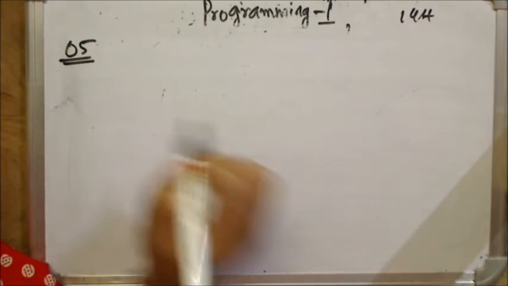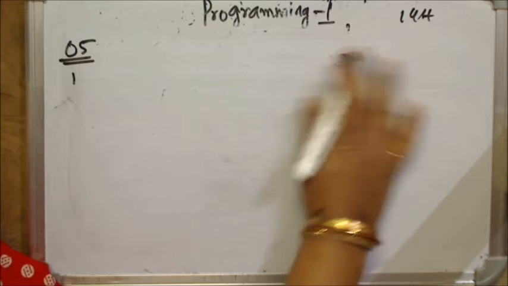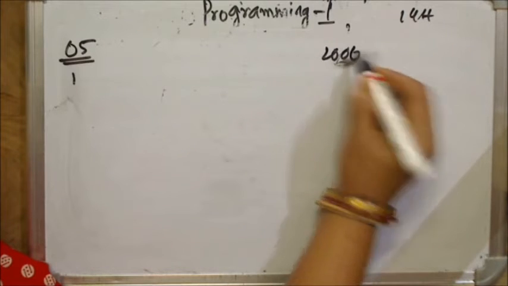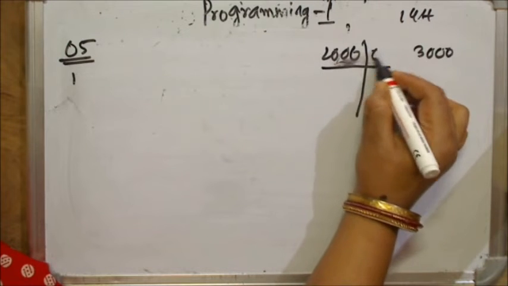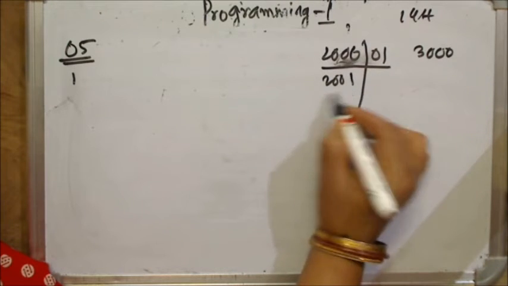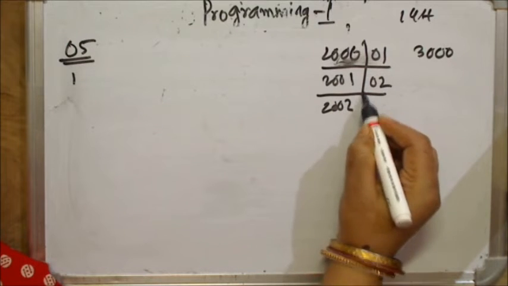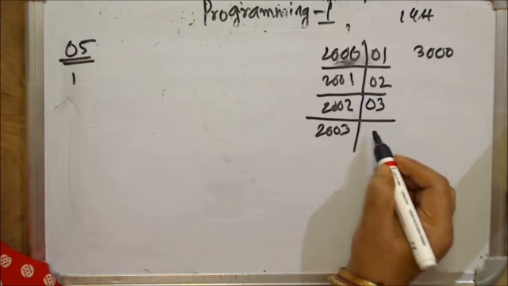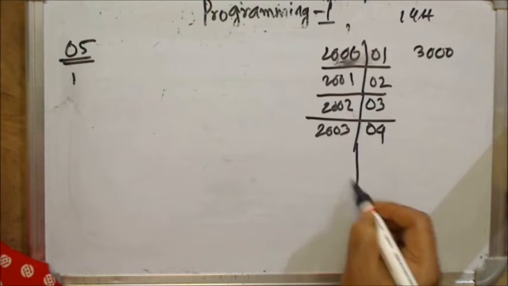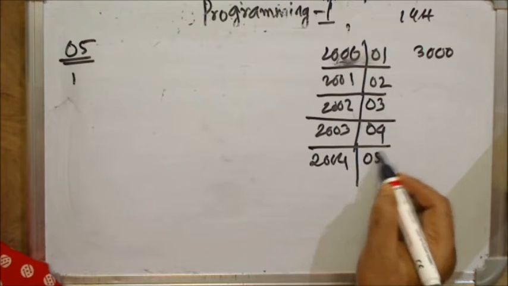Now we have source address, suppose 2000, and destination 3000. In 2000 you have 01, in 2001 you have 02. When you execute the programs in the simulator, you will become more and more clear. 2002, then 2003 has 04, then 2004 has 05.